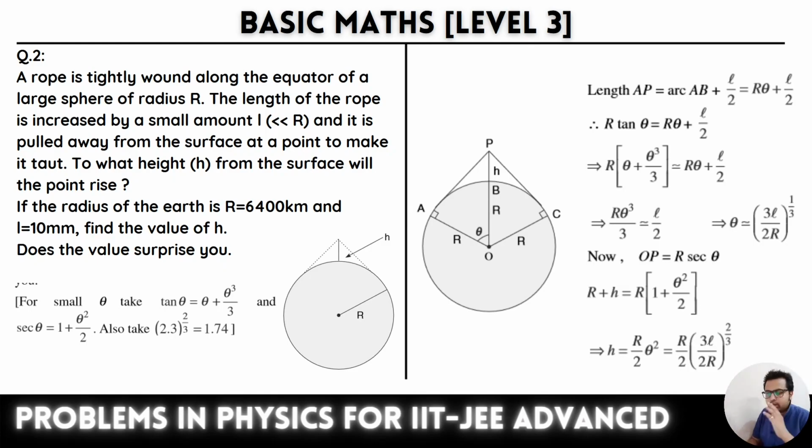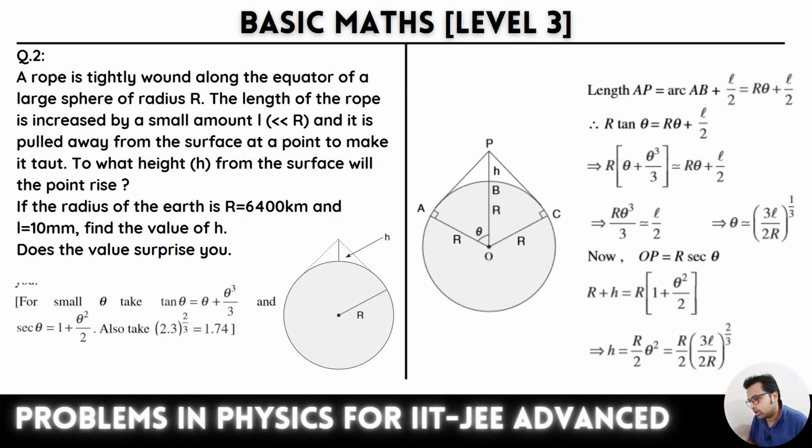So it will reach a point P. So PB is h and OB is R, that is the radius. OA is also R and OC is also R. Triangle APO is a right angle triangle, and so is the triangle for angle POC. From this diagram, we can very easily derive h. So let's try to decode that.